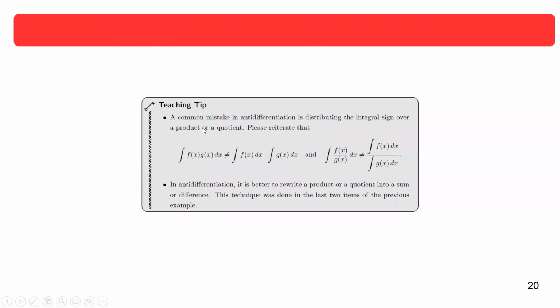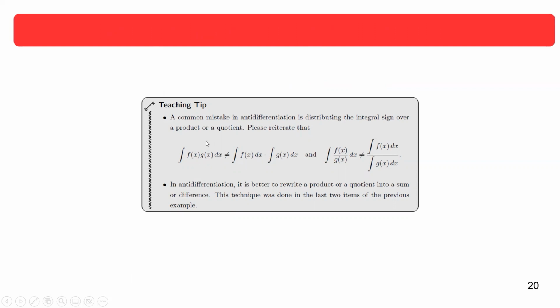So a tip, one of the most common mistakes students encounter: the integral of a product of two functions is not equal to the integral of the first multiplied to the integral of the second. You can't do this.